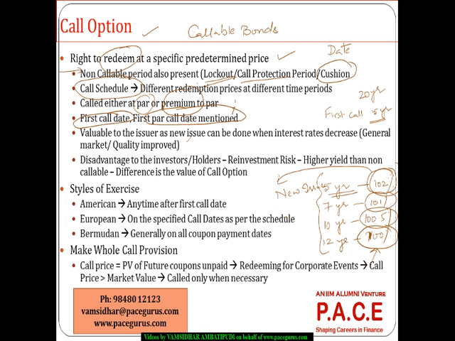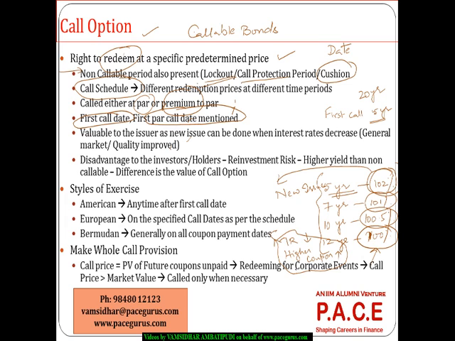new bonds to be issued, generally look at the situation where the market rates have gone lower, and if I see that the company is still paying a higher coupon, it is not beneficial to the company.